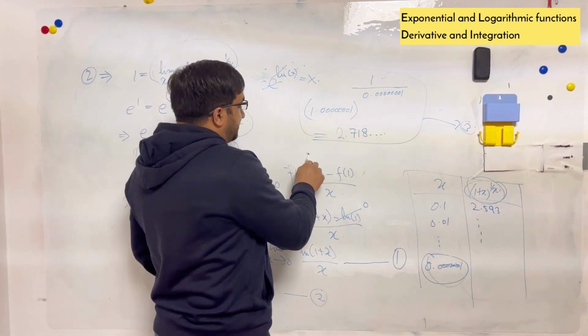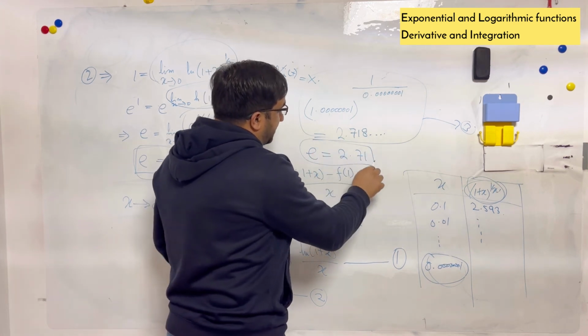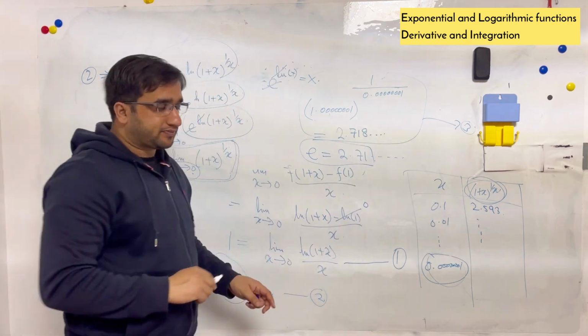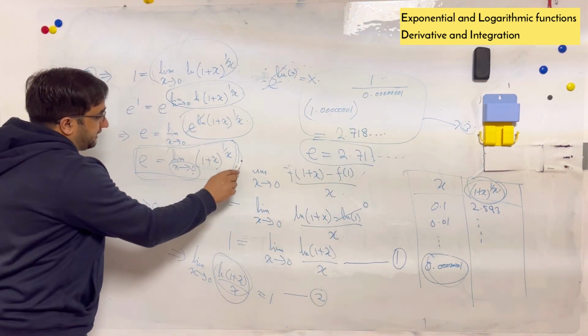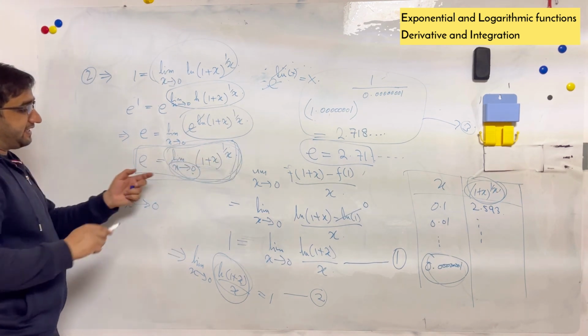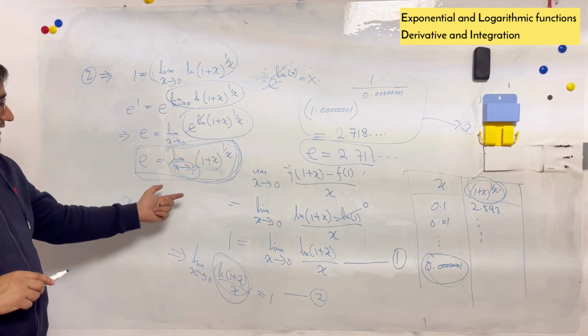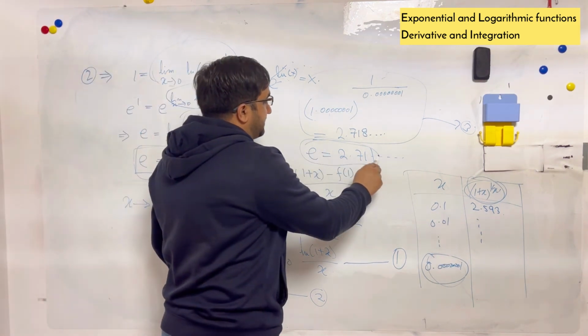And you know the value of e is always 2.71 in general, but we always skip the next numbers, but it never finishes. The next numbers are always there. So this is the definition of e, and when we apply the limit on it, it gives us the answer for e.